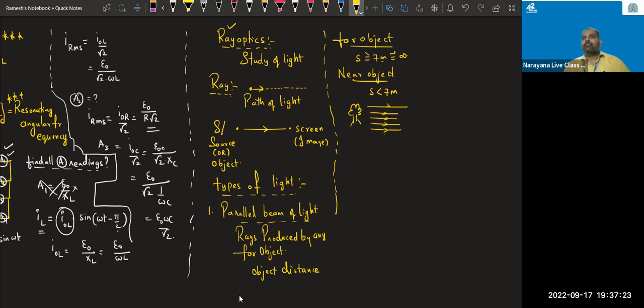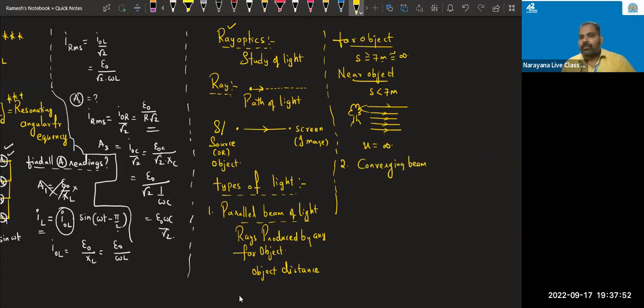These light rays, will they meet or not meet? They will meet, but at infinite distance. So what is object distance equal to here? Infinity.